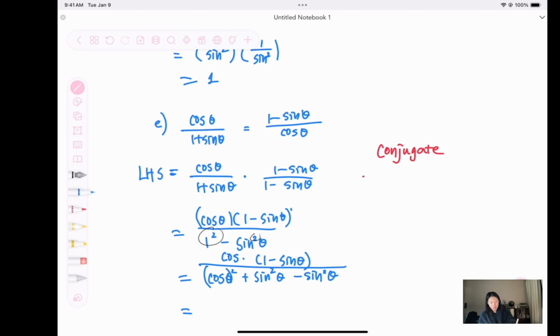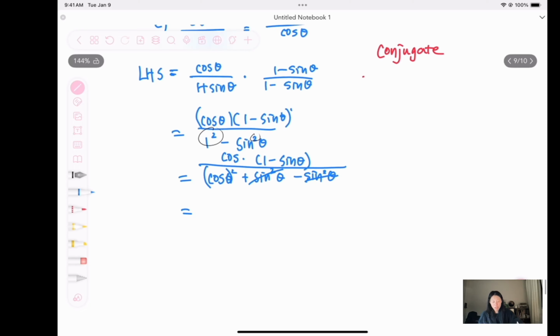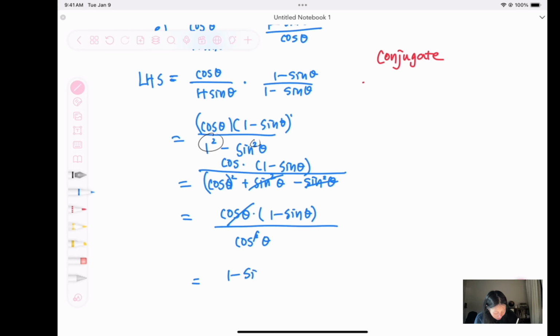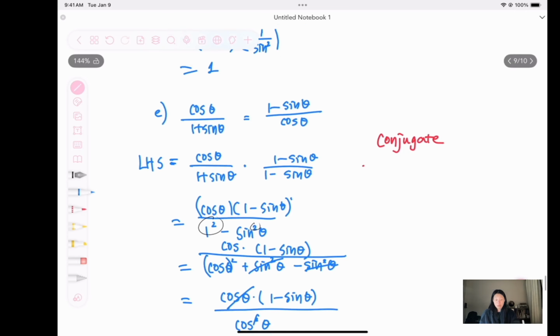Okay, these two got cancelled. I'm going to write it nicely. So I have cosine theta times 1 minus sine theta over cosine squared. Simplify it. So I have 1 minus sine theta over cosine theta, which is the right-hand side.